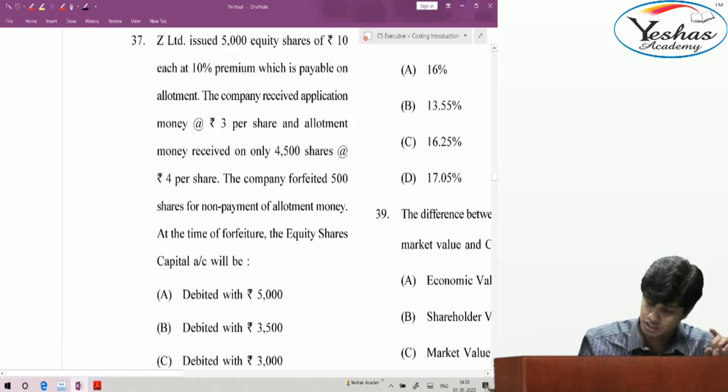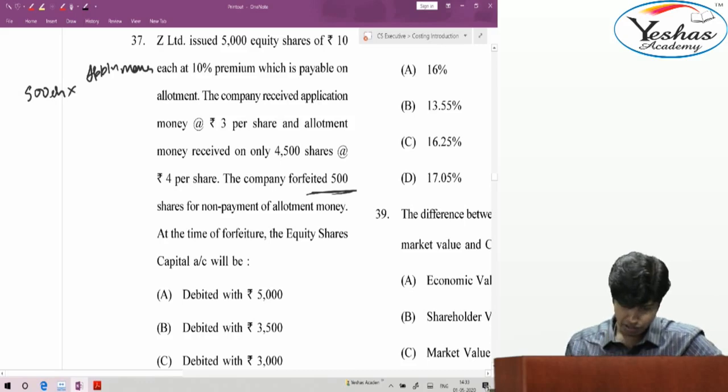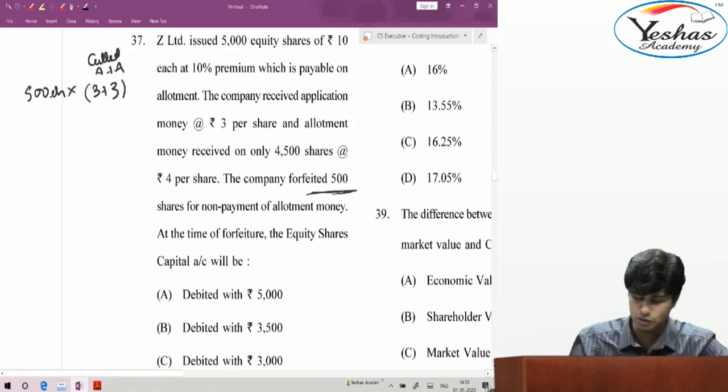So for 500 shares you didn't receive the money, so we do the calculation only for 500 shares. 500 shares into application money. How much is the application money? 3 rupees. And how much is the called up capital? It is application plus allotment: 3 rupees on application, 3 rupees on allotment. So 3 plus 3 is 6.